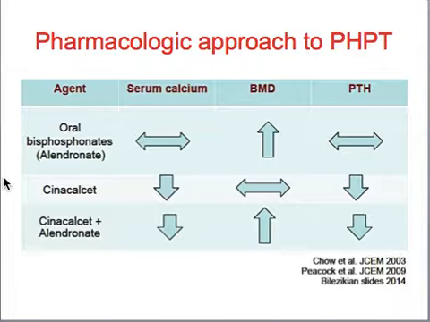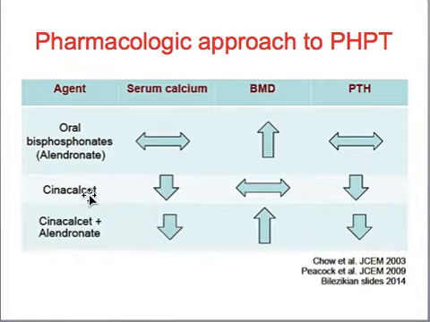Now the pharmacologic approach to primary hyperparathyroidism, if you opt for non-operative management: in patients who have low BMD, you can give oral bisphosphonate in order to increase bone mineral density, but it won't have any effect on your calcium or your PTH.